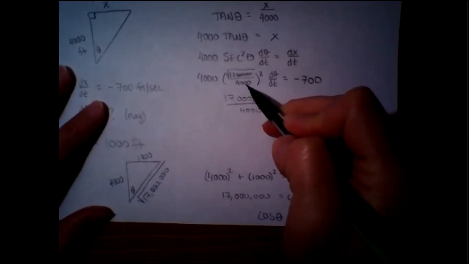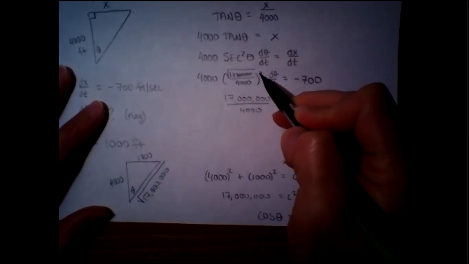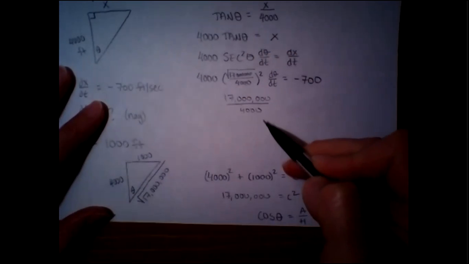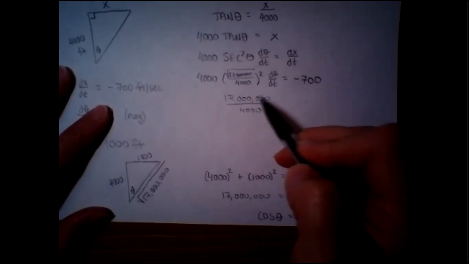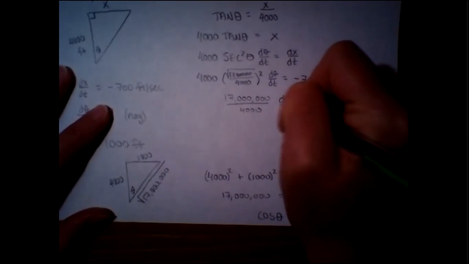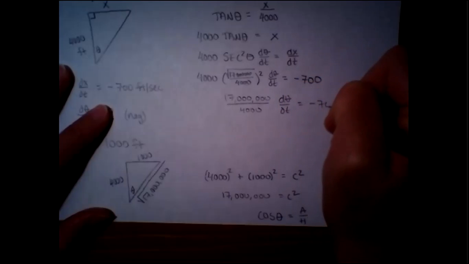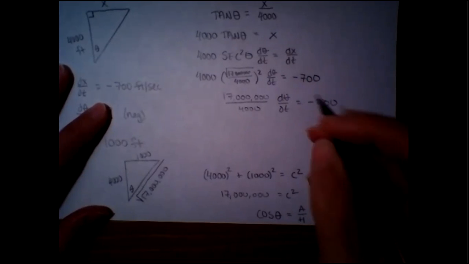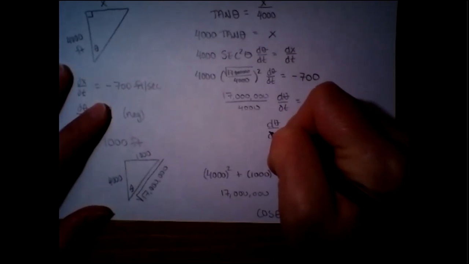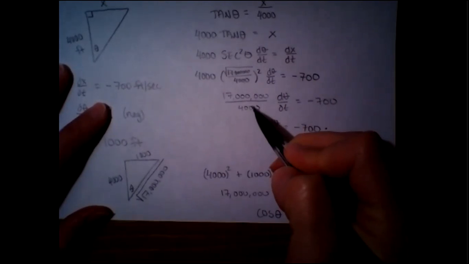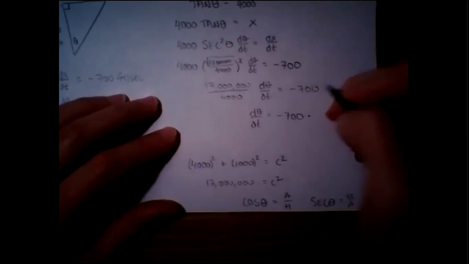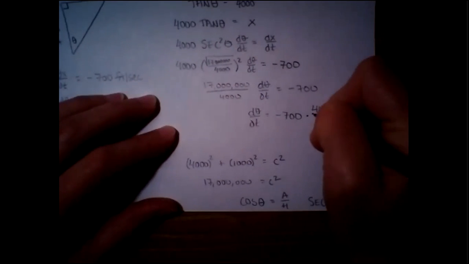Again, this was 4,000 squared in the denominator there, so one of the 4,000s canceled, and the square root and the squared canceled, so just 17 million. d theta dt equals negative 700. And then to get this by itself, it's going to be negative 700 times the reciprocal. To cancel this out, you would multiply by the reciprocal.